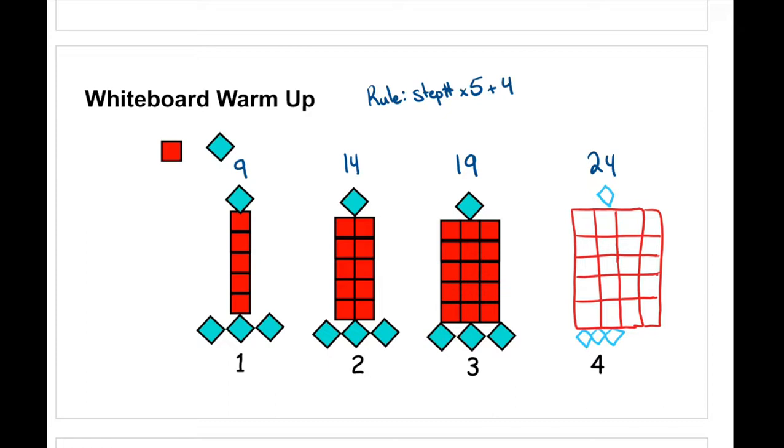So 1 times 5 is 5, plus 4 is 9. 2 times 5 is 10, plus 4 is 14, and so on. And hopefully you see the connection between the actual visual and our rule. What we're multiplying by are these red blocks that change, and what we're adding are these blue blocks that stay the same. So that's going to be important to recognize: what stays the same and what changes.